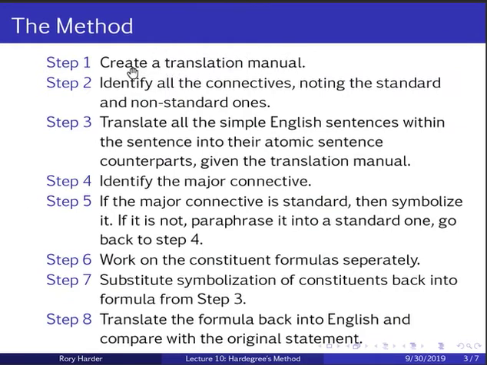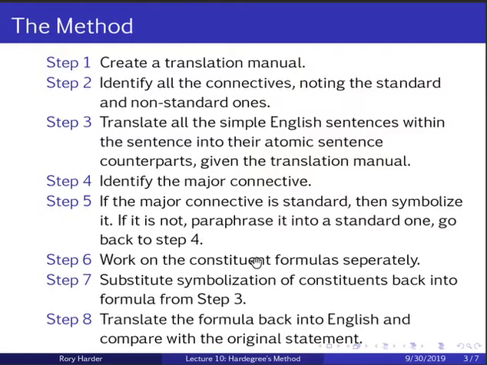So to return, the first step is we're going to create a translation manual for all the basic sentences, and that sentence I just read. Then we'll identify the connectives, noting which ones are standard or not. Then we'll translate all of the basic simple English sentences following the translation manual. Then we'll identify and translate the major connective.